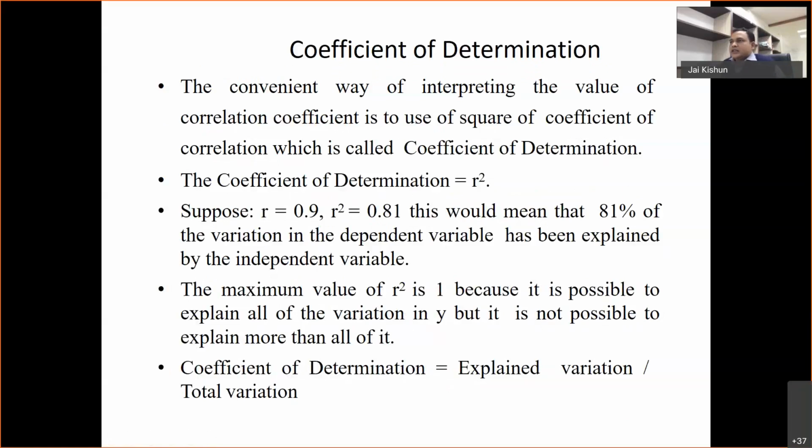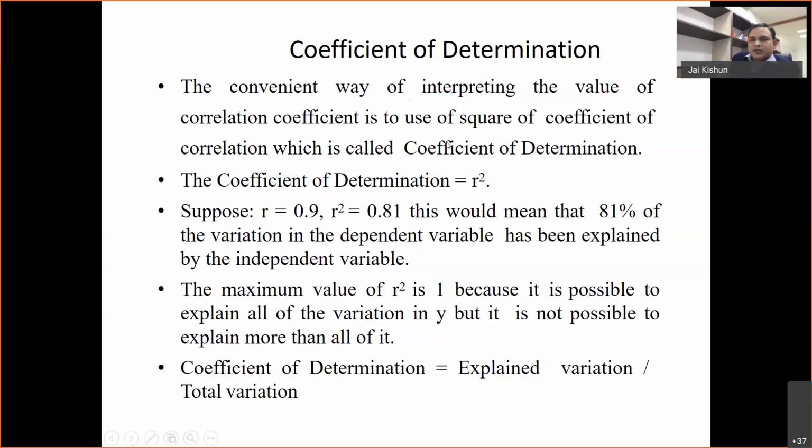Now this is the last point: the coefficient of determination. A convenient way of interpreting the value of the correlation coefficient is to use the square of the coefficient of correlation, which is called the coefficient of determination.